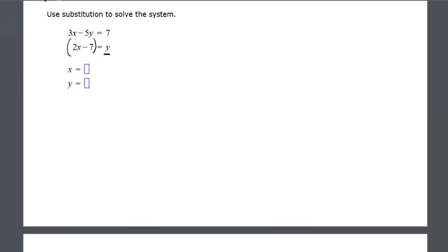So I'm going to write the first equation, 3x minus 5y equals 7. And now in place of y, I'm going to substitute the 2x minus 7. So that gives me 3x minus 5 times the quantity 2x minus 7 equals 7.